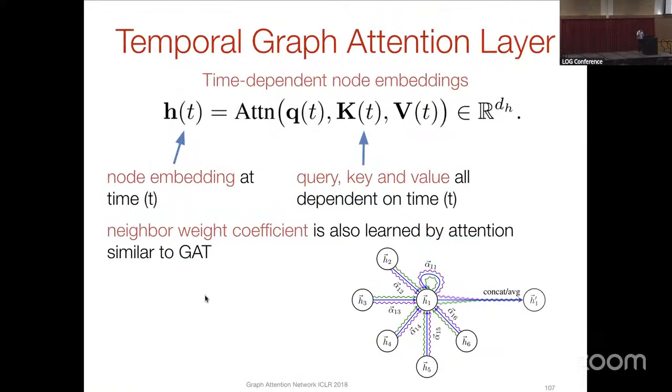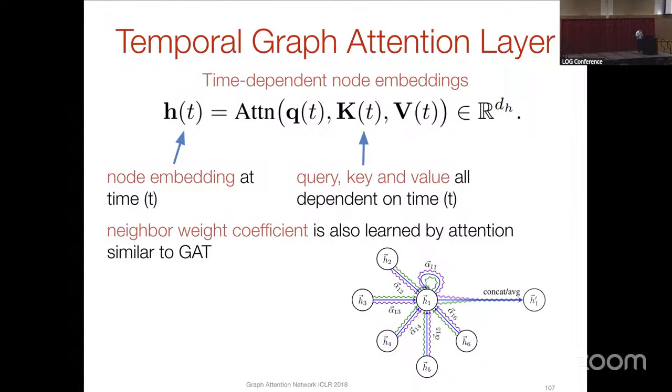And lastly, to put everything together, we have a temporal graph attention layer. I won't get into too much detail here, but as we are familiar with the graph attention layer, we know that we want to dynamically pull over neighbors. Now let's just add this time dimension here. The query, key and value are all dependent on time now.